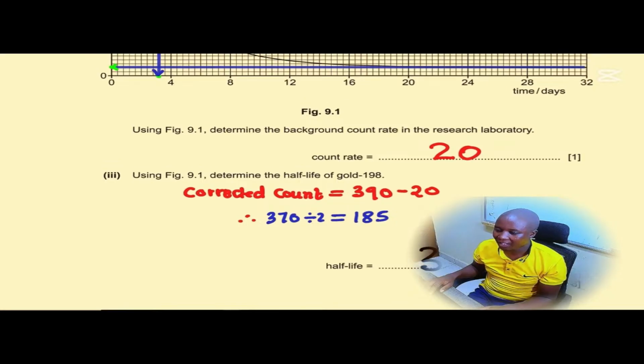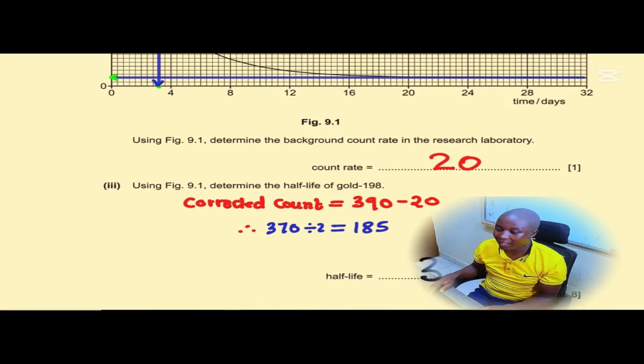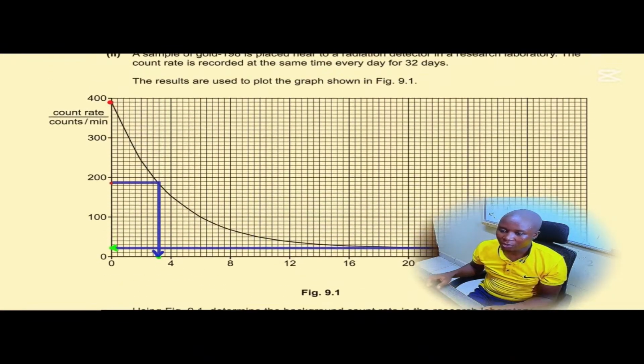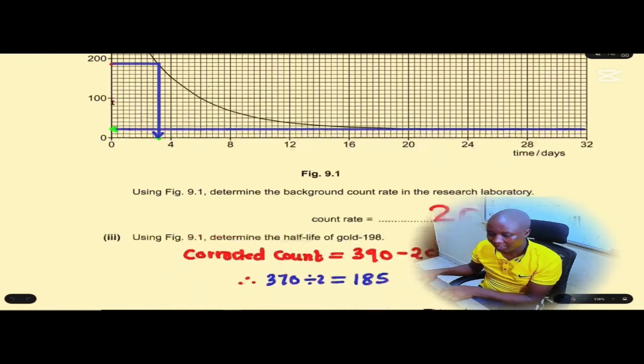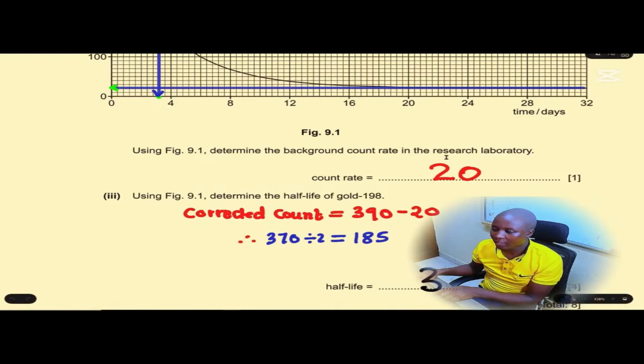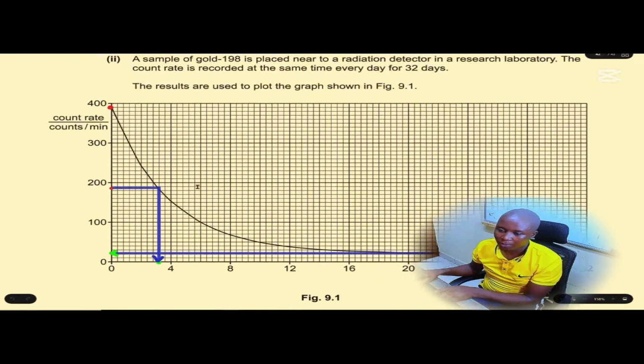Determine the half-life of gold-198. First, check what the reading is here. The reading here is 390. Then we have to correct that count by subtracting the background count. So we subtract that, and then the half-life will be found at that corrected count divided by 2.